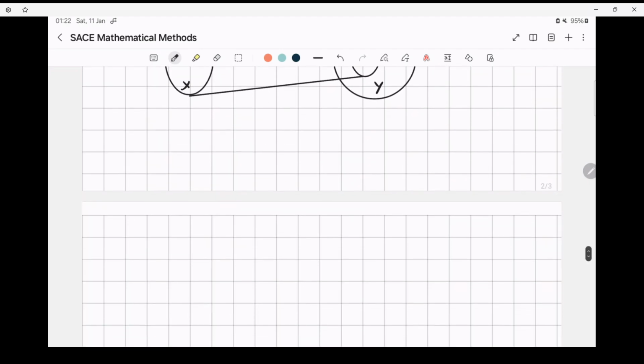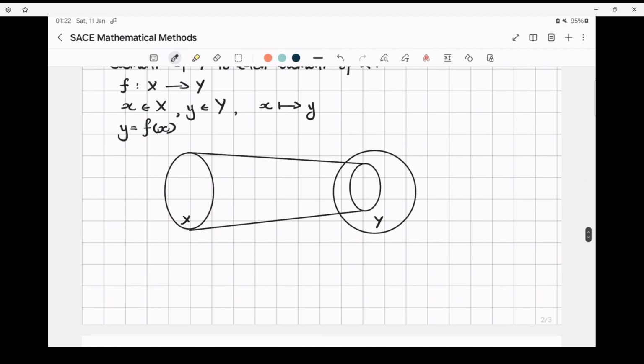So from the definition above, f maps from X to Y, right?